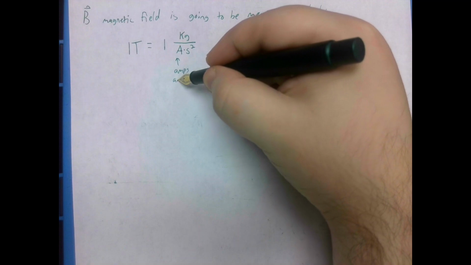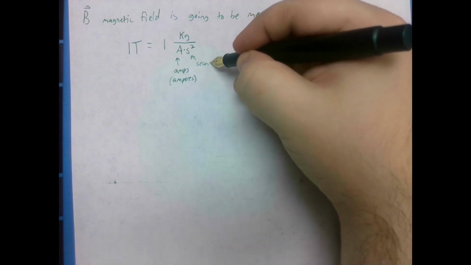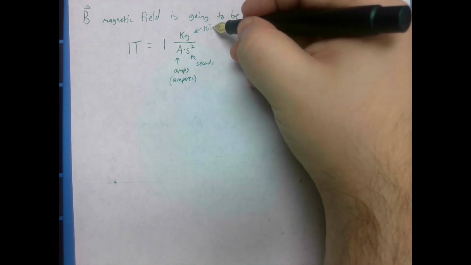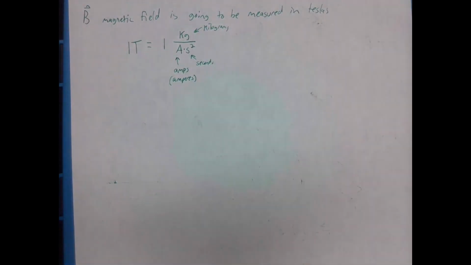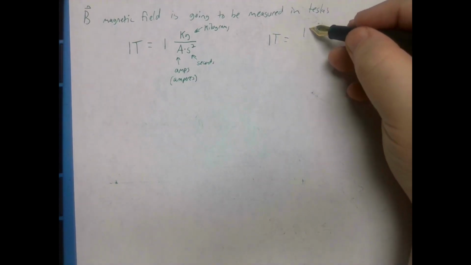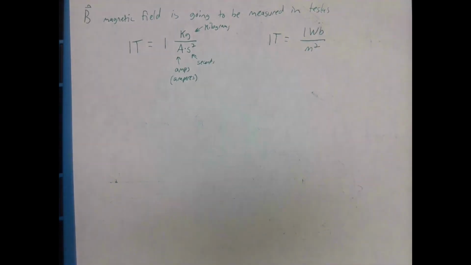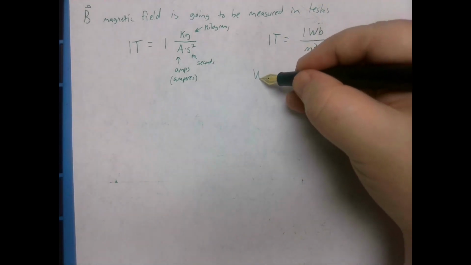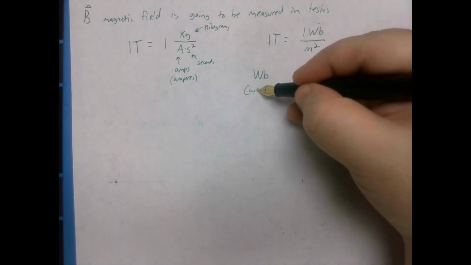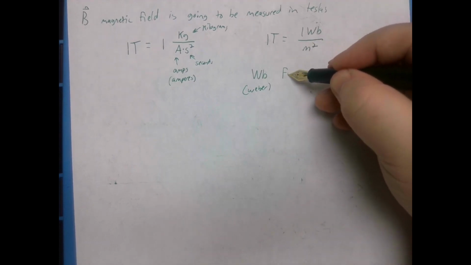Amps are amperes, seconds, kilograms. It's also equal to 1 Weber, I think it's called, divided by meter squared. Weber. And this is just flux density.